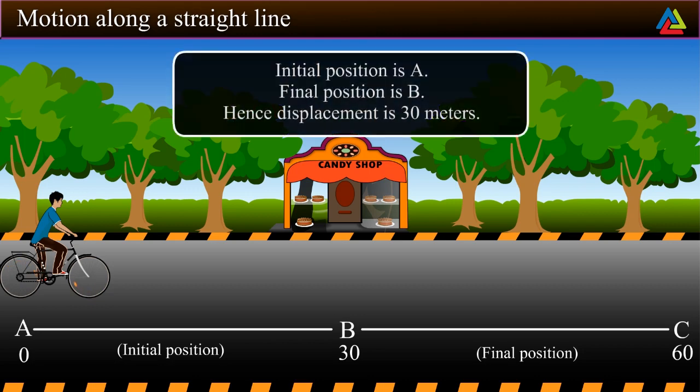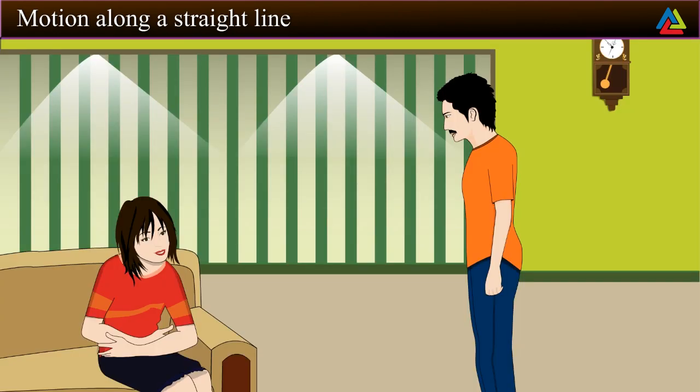Here, initial position is A, final position is B. Hence, displacement is 30 meters. You are correct, Tina. In this case, magnitude of displacement is 30 meters. Therefore, the magnitude of distance and displacement is not the same.